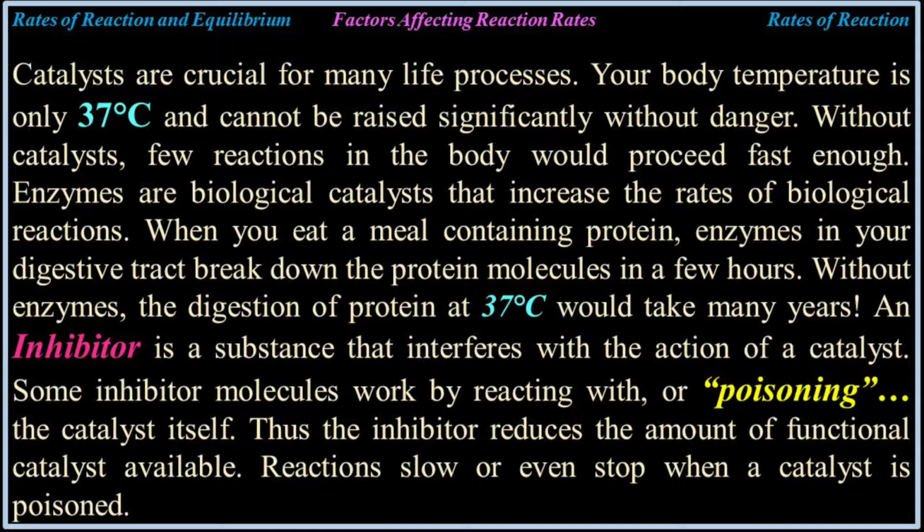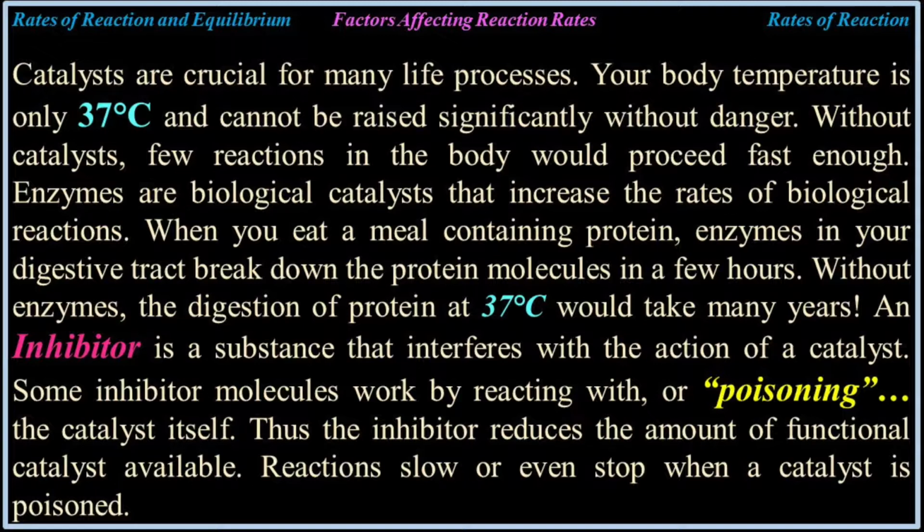Enzymes are biological catalysts that increase the rates of biological reactions. When you eat a meal containing protein, enzymes in your digestive tract break down the protein molecules in a few hours. Without enzymes, the digestion of protein at 37 degrees Celsius would take many years.